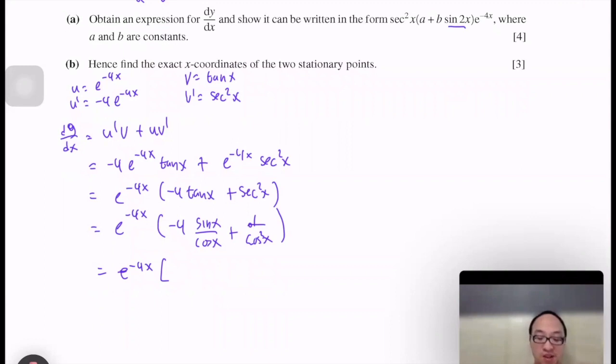We make the denominator the same here: -4 sine x cos x over cos square x plus 1 over cos square x.